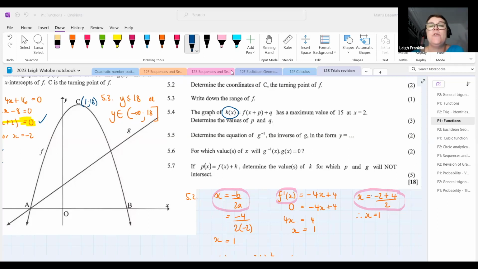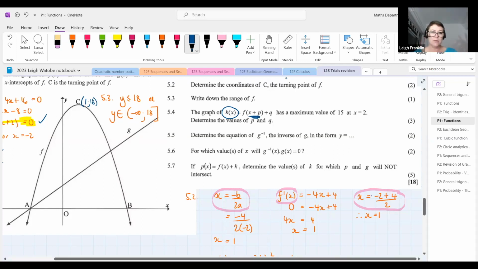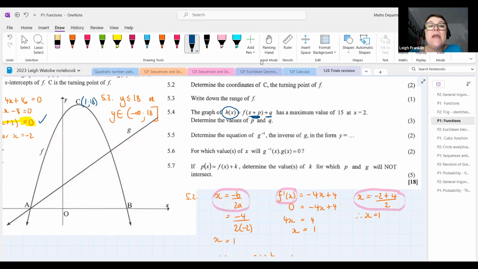Absolutely, Lisedi. They're implying it's a translation because they are adding onto x. So adding or subtracting from x can either move the graph to the left or to the right. And then the plus q at the end implies that we're either moving the graph up or down.